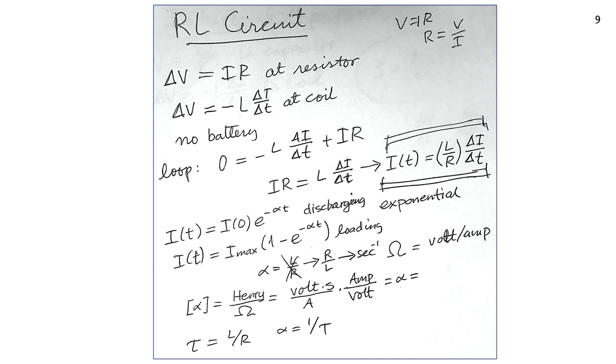Now, at the inductor, delta V is equal to, and we'll use self-inductance, minus L times delta I over delta T. So that's the inductor's opposition, that's at the coil or at the inductor. There's no battery.